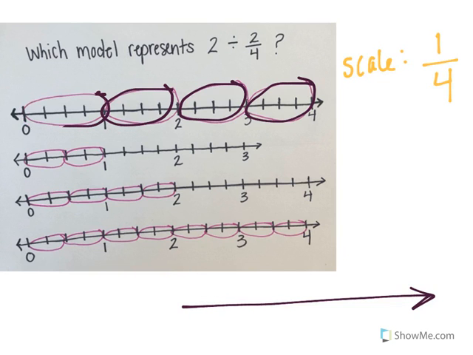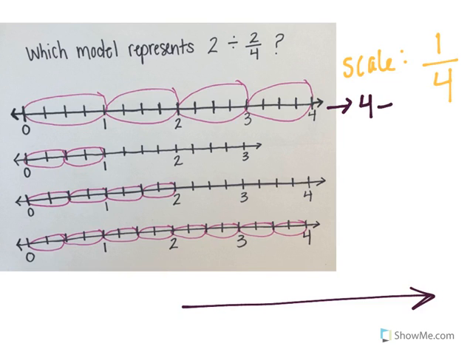I see that there are groups in between 0 and 4. So when I am looking at this problem, I know that my dividend, what I'm starting with, the whole amount or the total amount, is 4. And I am splitting them into groups of, let's see what one group size is. One group size is in between 0 and 1. So that means I am dividing by 1.